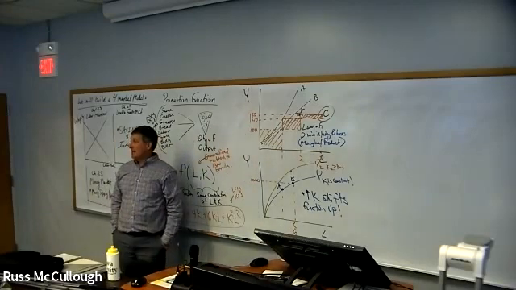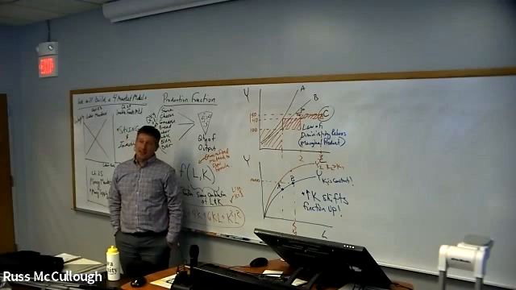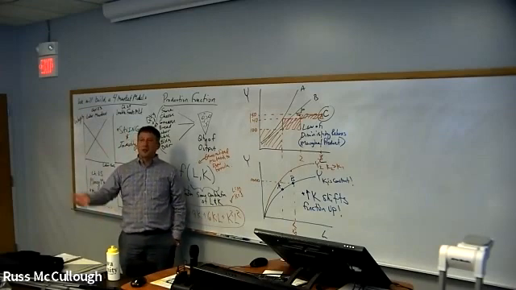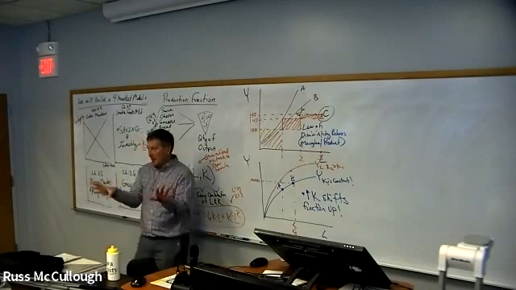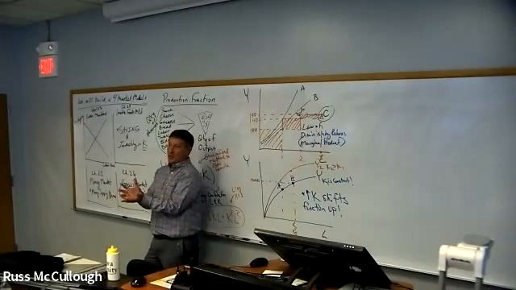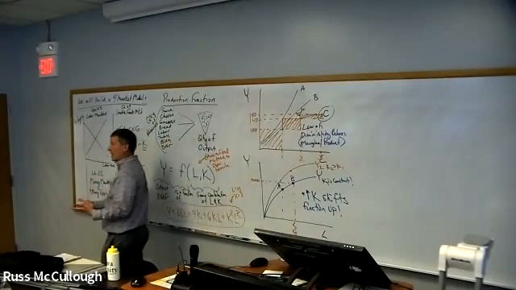What about technology changing? We have the same amount of machines, but there's new information that allows us to take the same resources and combine them differently. We have an innovation, a change in technology.